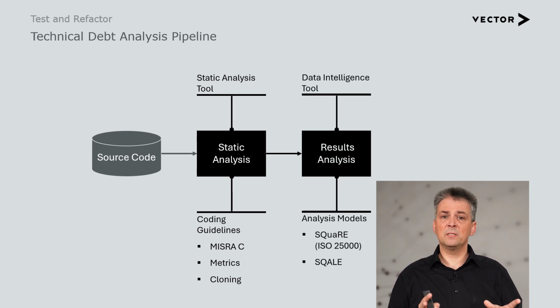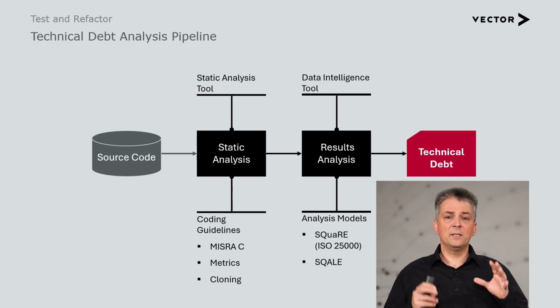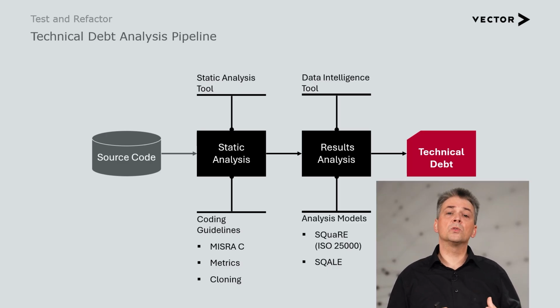So in a second step we use results analysis, for example using a data intelligence tool, and analysis methods and models like SQuaRE, which is the ISO 25000 series, and SCALE, software quality expectations based on lifecycle expectations. That gives us an indicator which quality characteristic has to be fulfilled when in the development lifecycle. And this pipeline then gives us in the end the technical debt as a measure that we can use to identify code that needs refactoring.